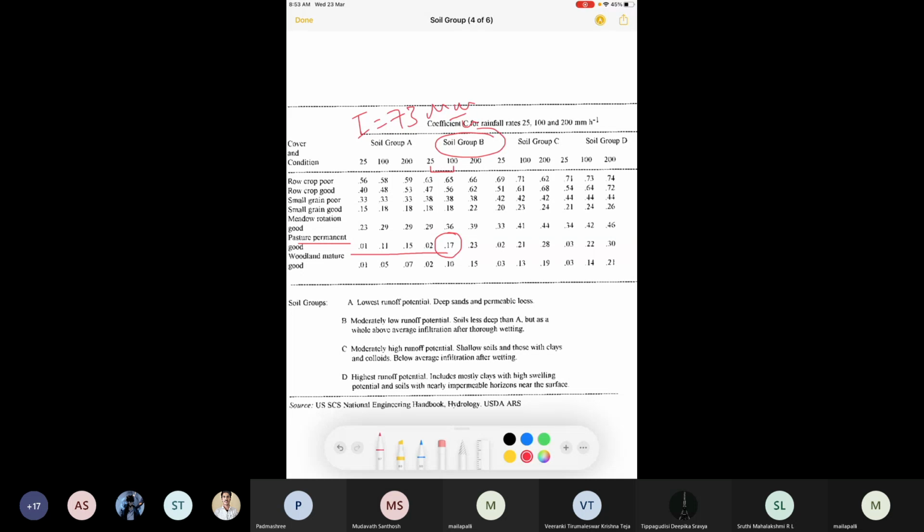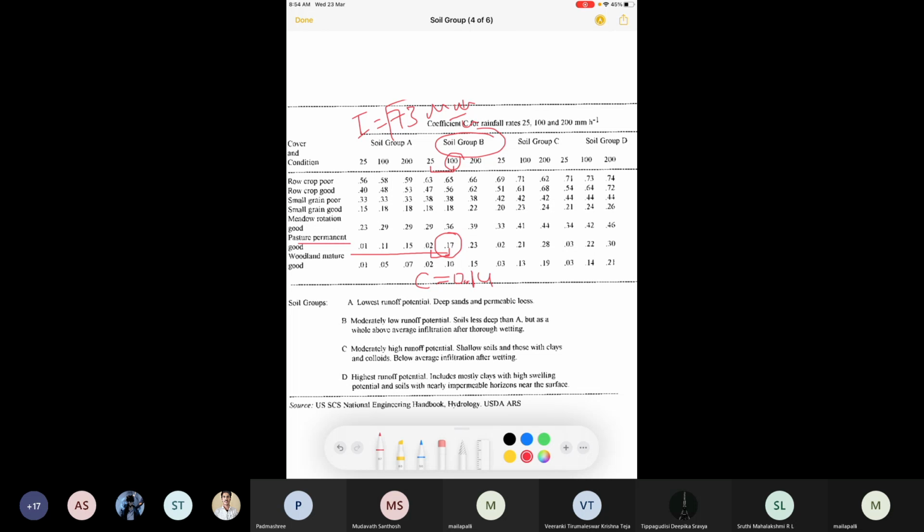But you should use the interpolation technique, because this is corresponding to 100, and 73 mm is close to 100. So your value should be between 0.02 and 0.17. After interpolation, you get a C value of 0.14.